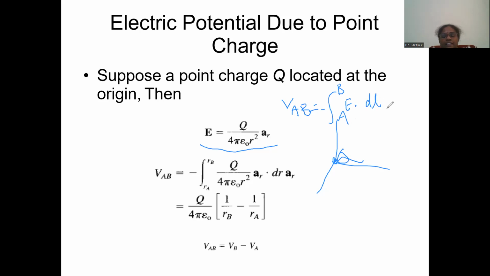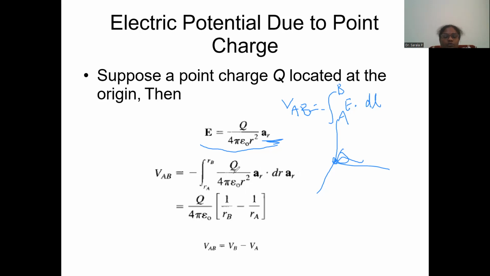What is this dL? dL here, in spherical coordinates, we are taking aR, so directly we get dR aR. So it is Q by 4 pi epsilon naught R square aR dot dR aR.